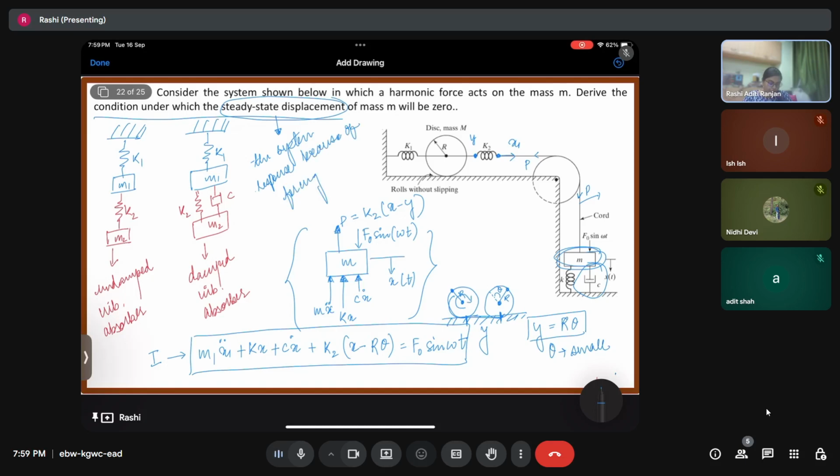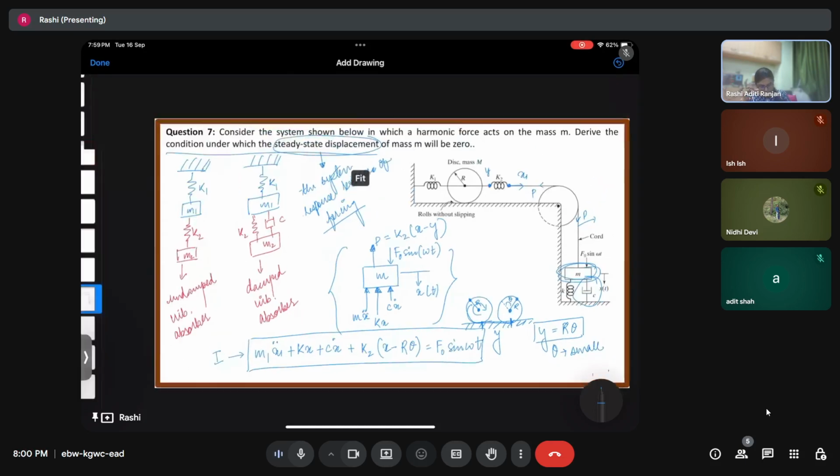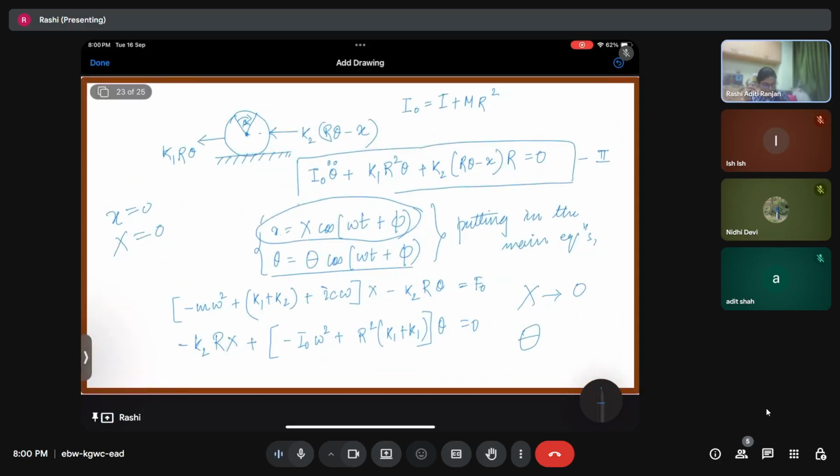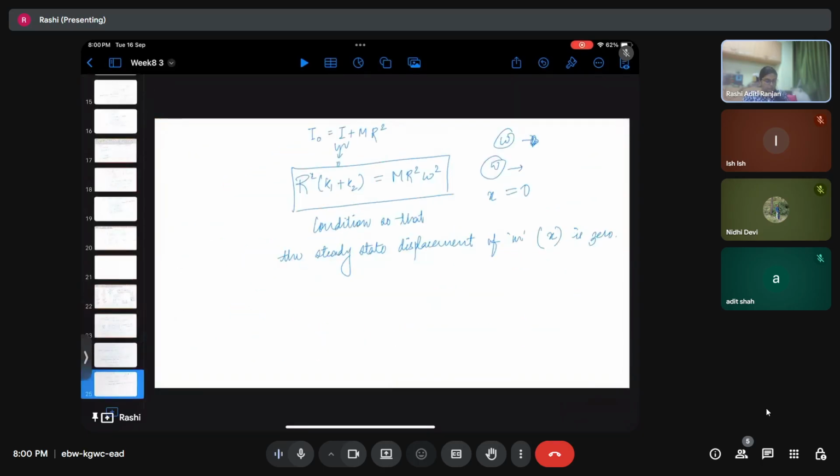So that is why, if you look here, when we assumed the solution, we assumed it in terms of omega t, not in terms of omega n1 or omega n2, because we are considering the steady state solution. These were the steady state solutions. We assumed it. Okay. So yeah, and then we got the condition.